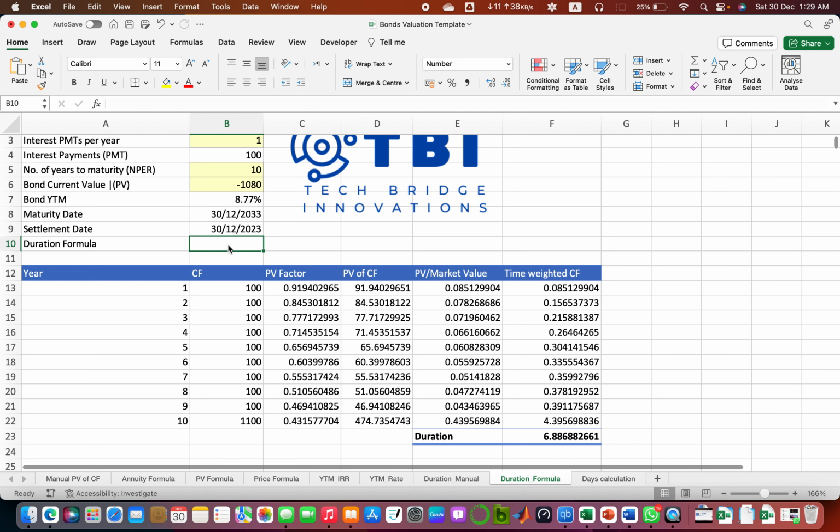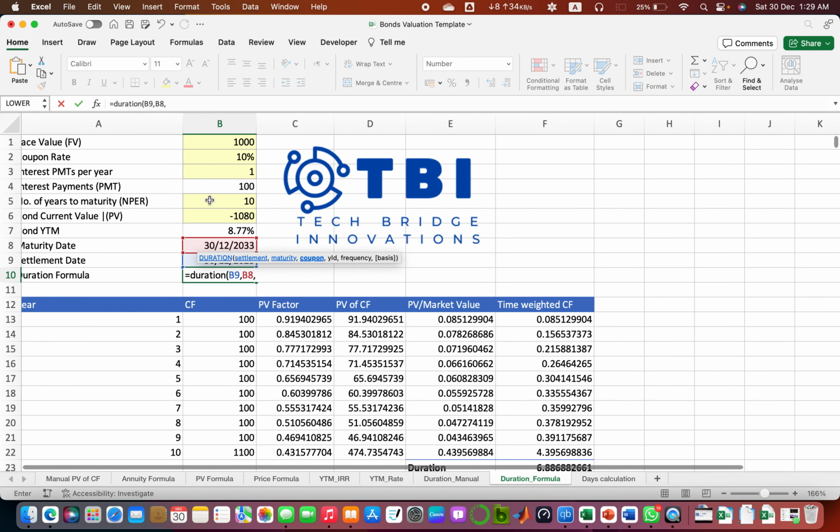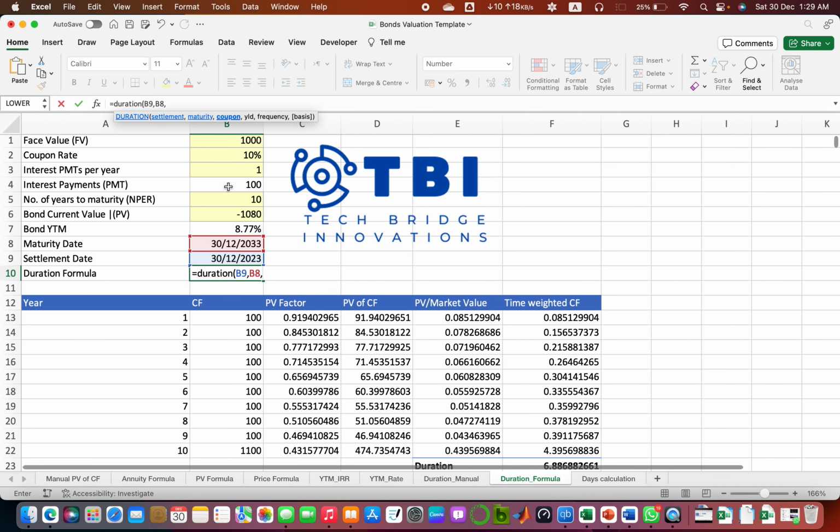Now I will use the duration formula. You just write duration, and it's asking for the settlement date. We just typed it here, then the maturity date, and then the coupon, which is the rate, 10%.